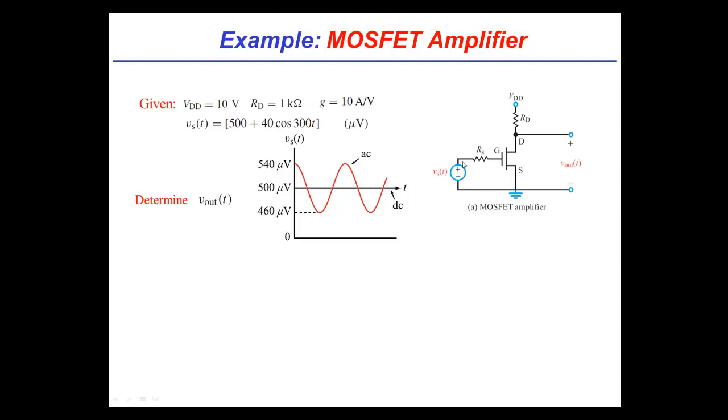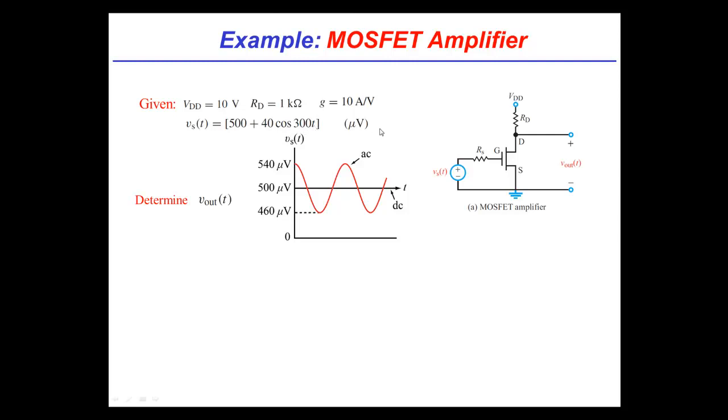And now to ensure that the transistor stays on no matter what, I'm going to apply a sinusoidal signal where the sinusoidal signal is defined as shown here graphically. But you'll notice something: the sinusoidal signal has a DC offset to it. Specifically, the equation I've used is that the applied voltage is 500 plus 40 times the cosine of 300t, in microvolts.